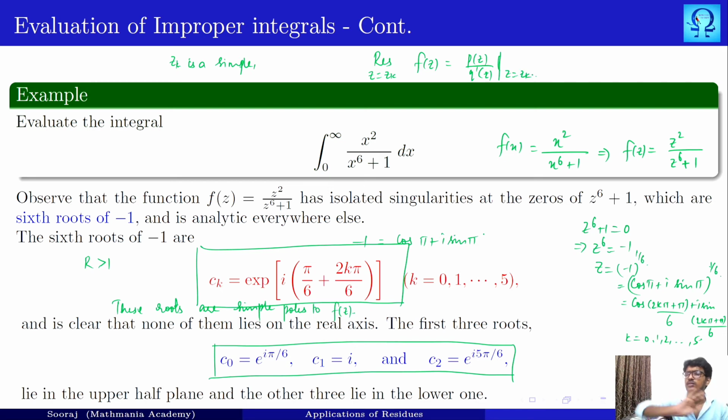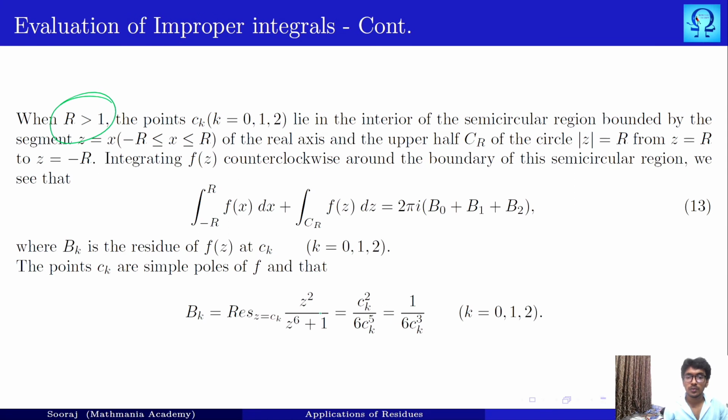If we just do this, we are done. Here all the 3 which lie above the real axis are simple poles. So we just do the differentiation.